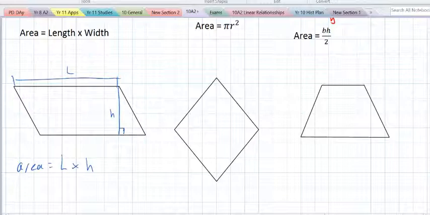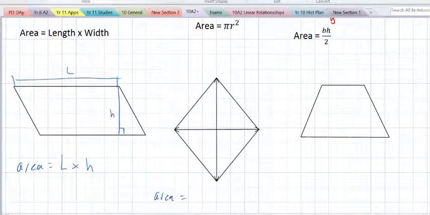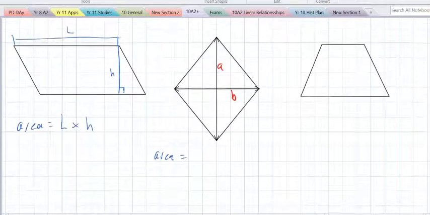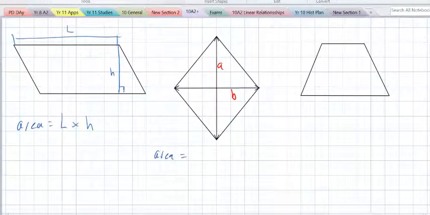The other one in the middle is a diamond. For the area equation of a diamond, you have to take the two diagonals, normally labelled A and B. Then the area is A times B divided by 2.